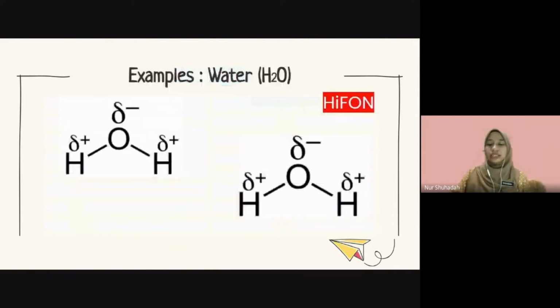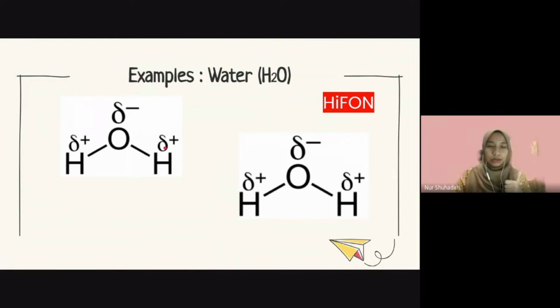Okay, so let's see an example of how the formation of hydrogen bond can happen. First, we must check the requirements, whether it passes the requirements to form hydrogen bond or not. We see the left molecule. It has hydrogen atom, so it passes the first requirement.